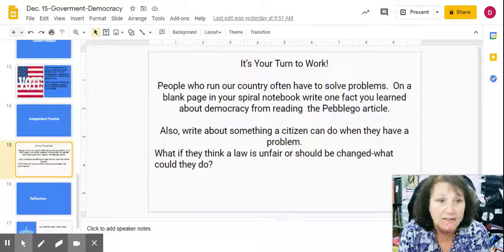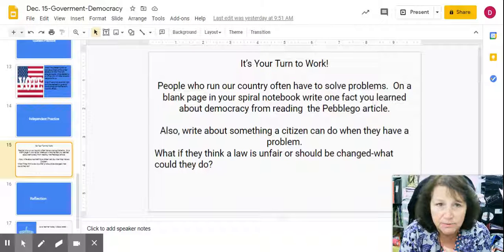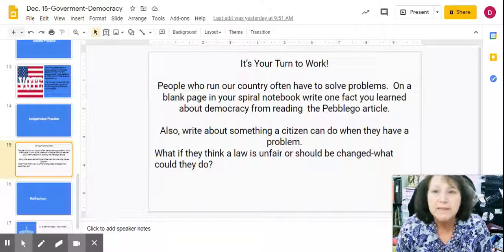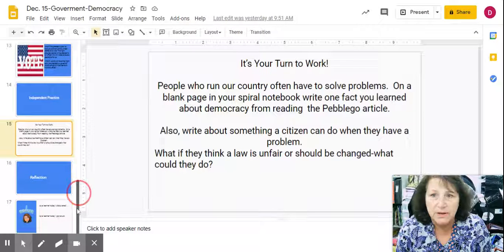Could they contact their state representative, their governor, and voice their opinion? Whatever they do to solve a problem, they should do it in a fair and safe manner for everyone. That's your independent work in your spiral notebook.